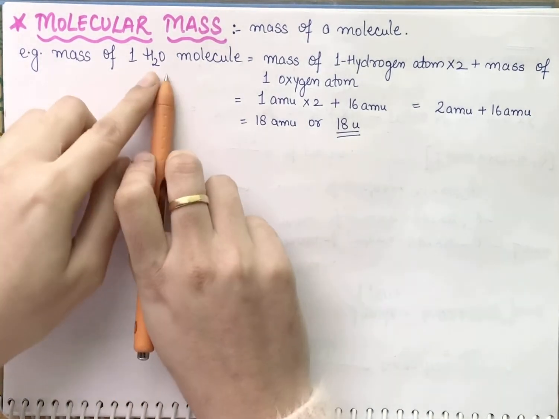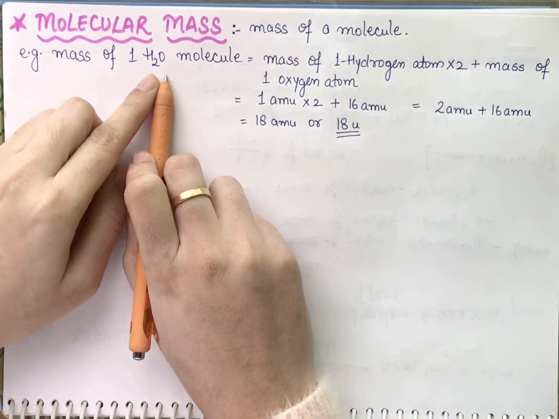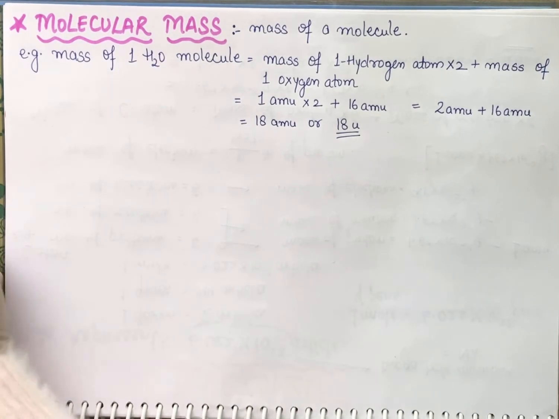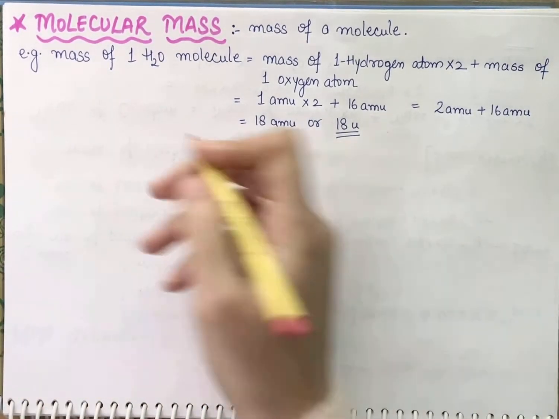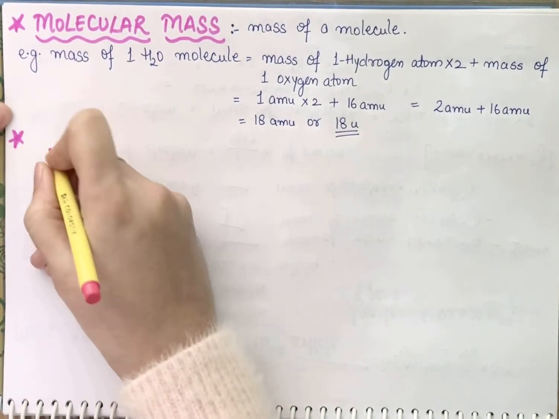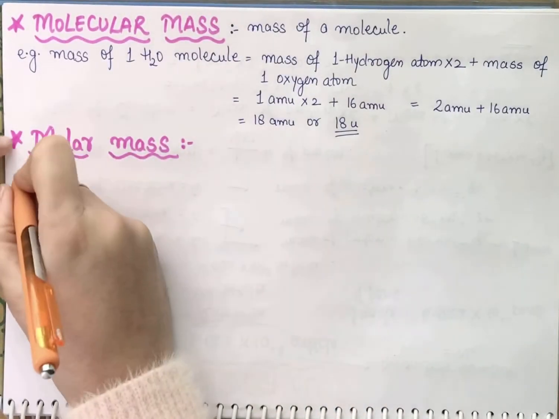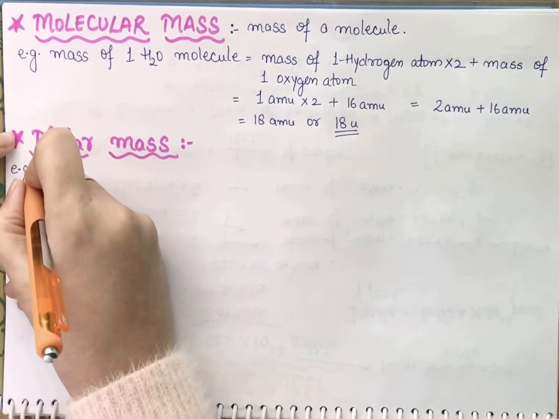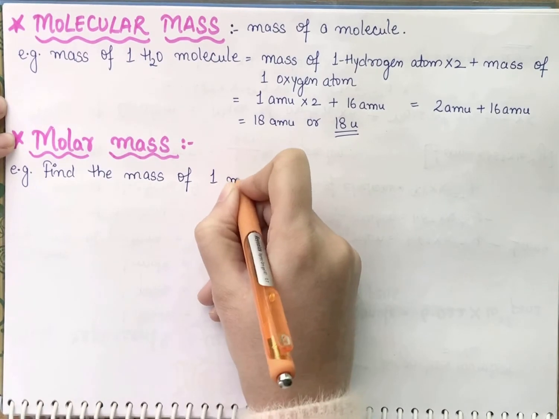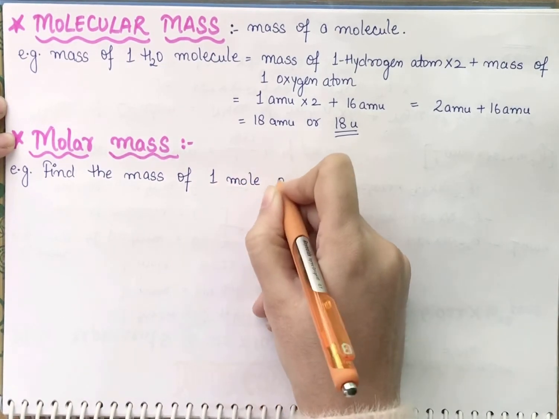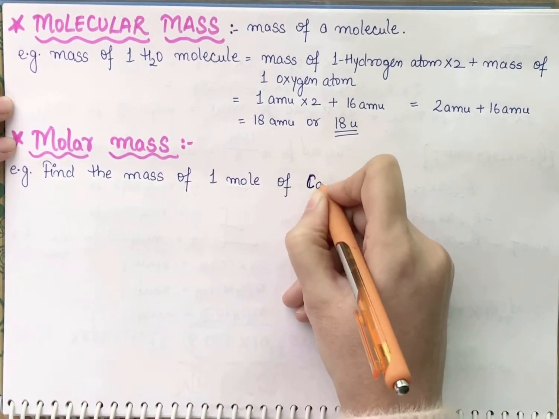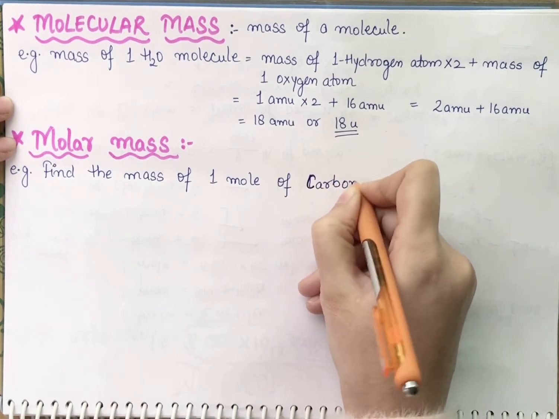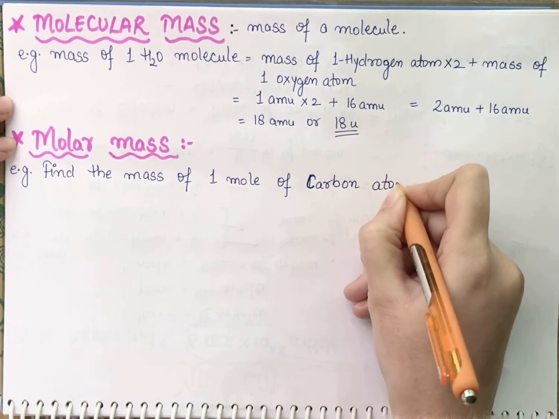But what if I want to find the mass of 1 mole of water molecules? So to understand the molar mass, let's take one more example. I want to find the mass of 1 mole of carbon atoms.